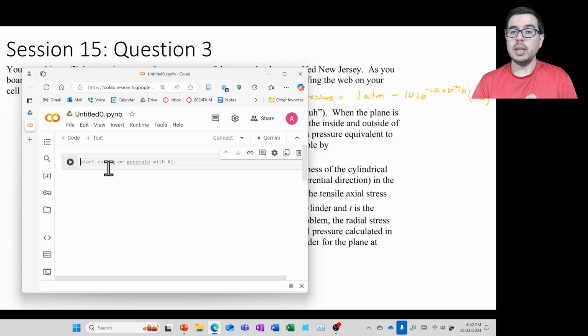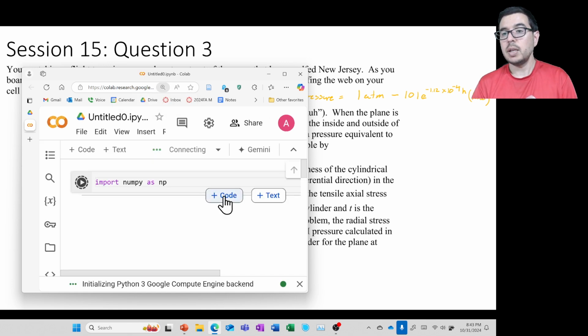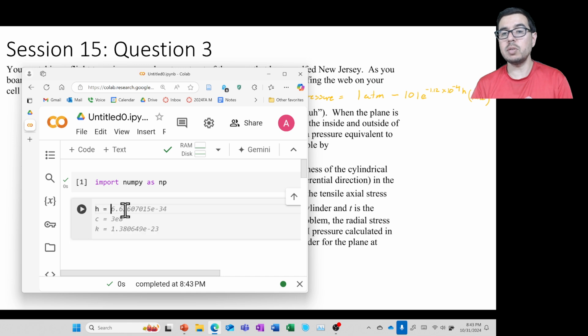Let's go ahead and import NumPy as np. Okay, Control Enter. Maybe I'll make it a little bit bigger so that you can see. I'll do a little more coding. We'll do h is equal to 10,000, and we'll say that's meters.